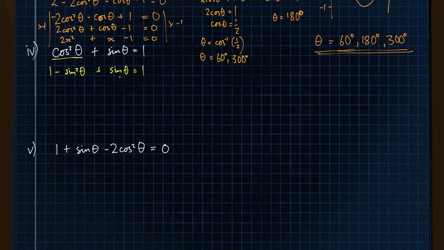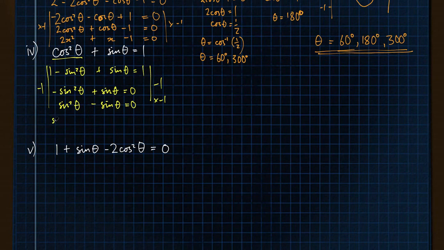Let's get that all on one side, so I'm going to minus 1 from both sides. 1 minus 1, that's 0, minus sine squared theta plus sine theta equals 0. I will times by minus 1 again. Sine squared theta, just being really careful to swap every single sign if you do this, minus sine theta equals 0.